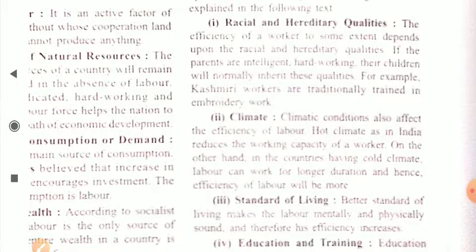The efficiency of a worker depends to some extent on racial or hereditary quality. If the parents are intelligent and hardworking, their children will normally inherit these qualities. For example, Kashmiri workers are traditionally trained in embroidery work, so they are good at it.